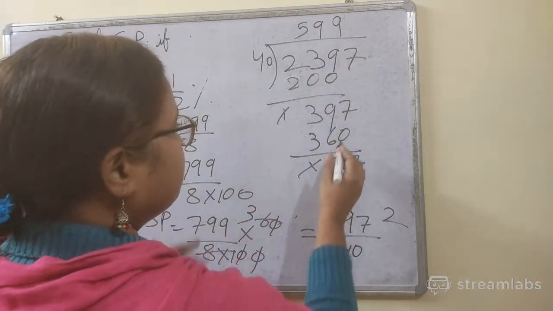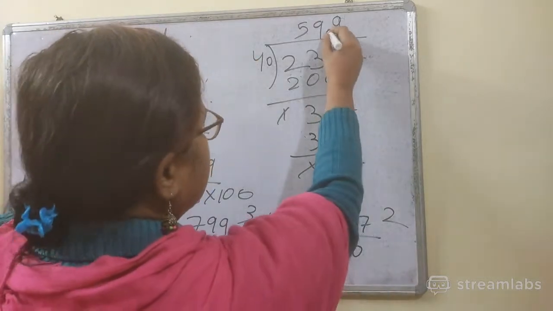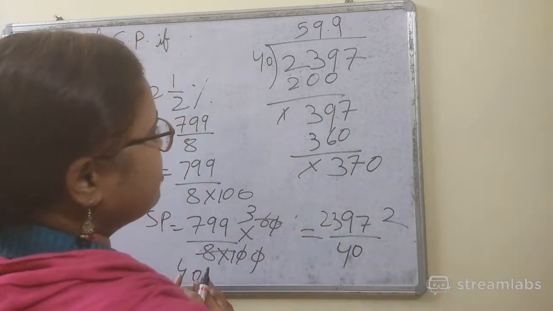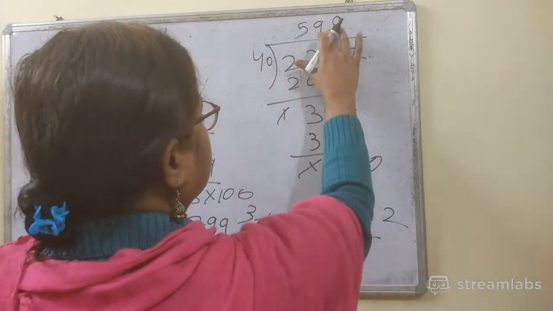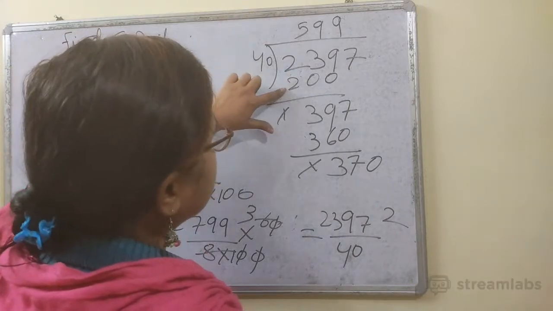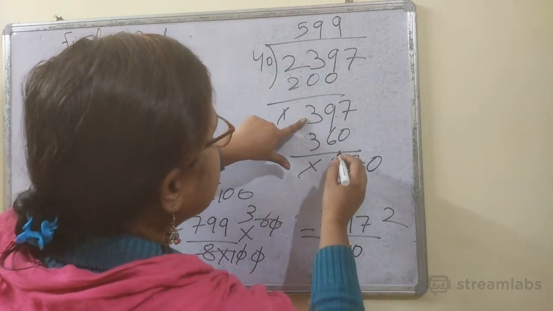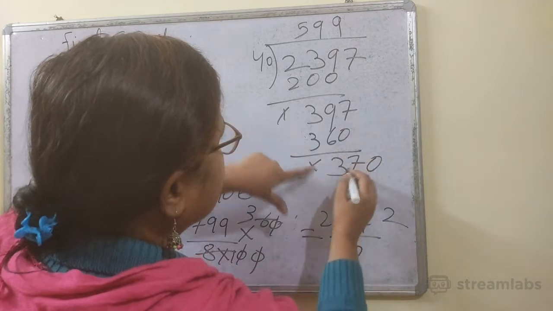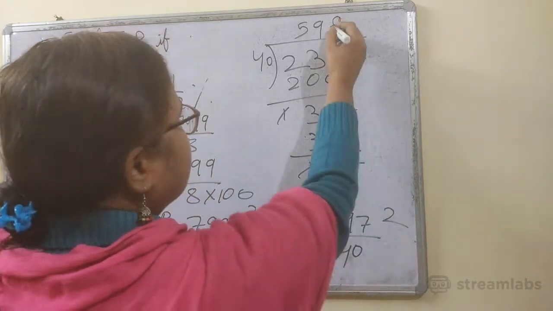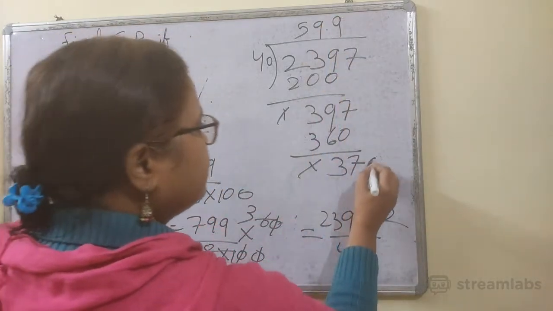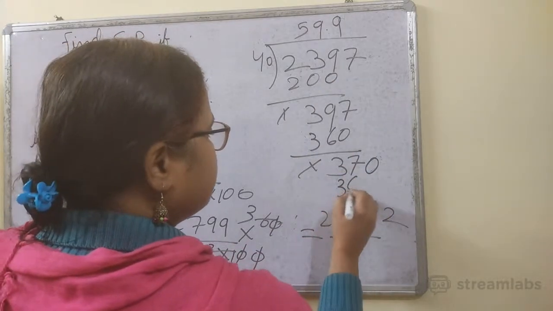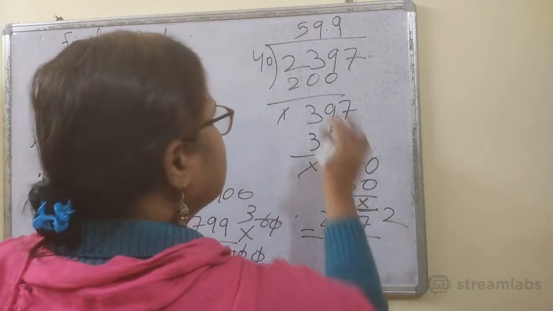So 59 point, then again put decimal here. 4 5s are, this one you got, then again 9 times 37. After this we'll put decimal here and then 10, then 9 and then 360. So maximum we take 2 digits.